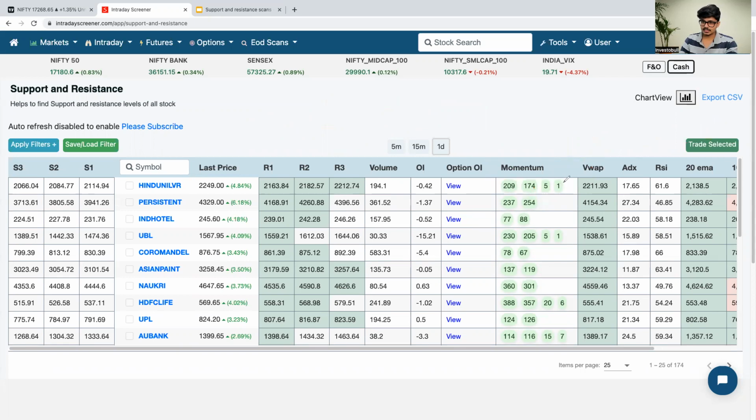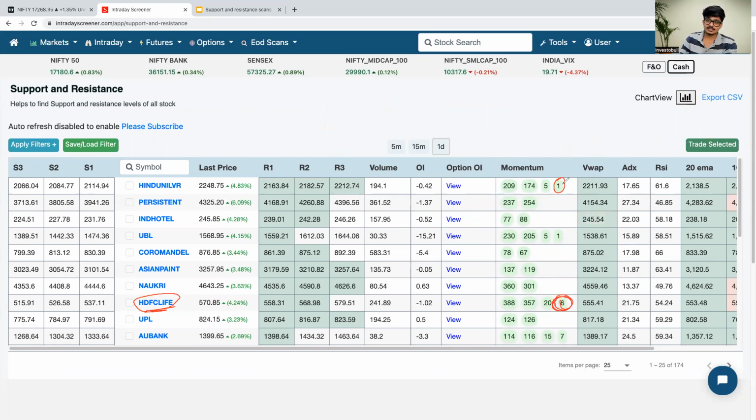Suppose, for example, the sector outperformance rank on the current trading day is 1 for Hindustan Unilever, and the life insurance sector, which is HDFC Life, has a sector rank of 6.